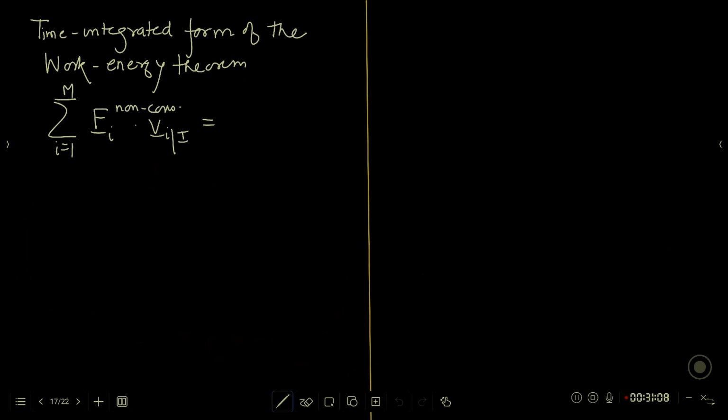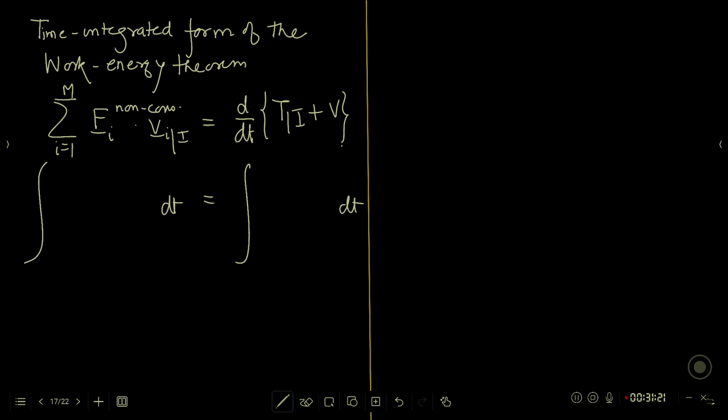Okay, this is the equation I derived. What happens if you integrate both sides with respect to time, say t initial to t final?